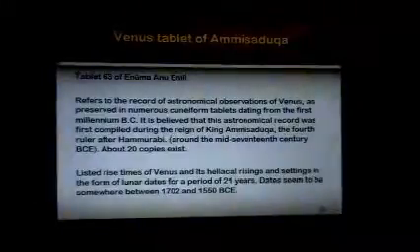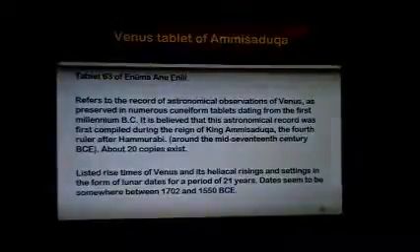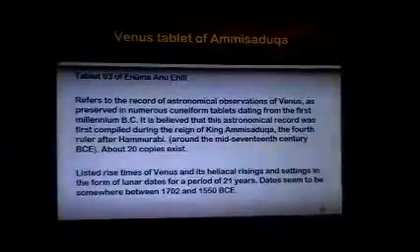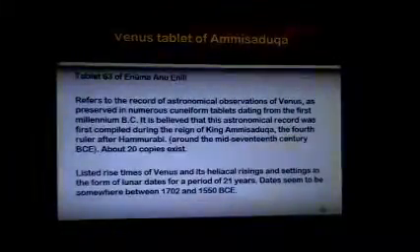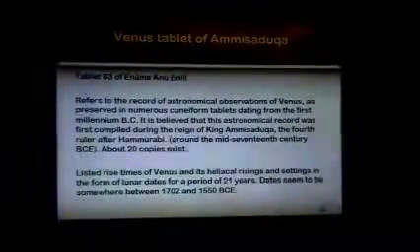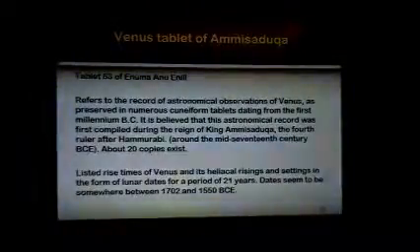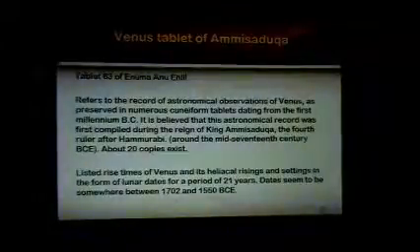You can see that King Amenhotep, after Hammurabi, seemed to have collected everything from smaller tablets and put them all together in one place. Anyway, what we have here is the times of Venus and the settings, and for a fairly short period.